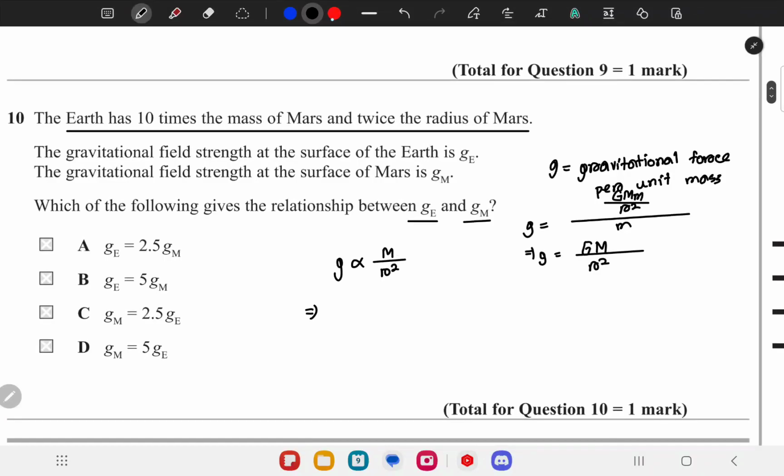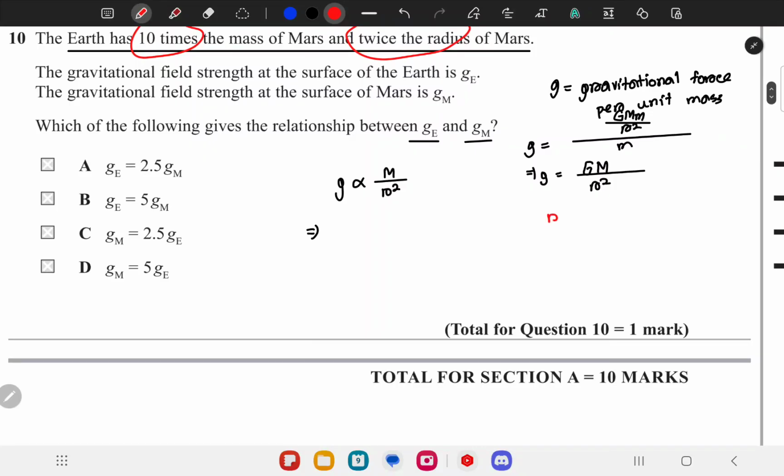Now we are told that Earth has 10 times the mass of Mars and twice the radius. So the radius of Earth is twice the radius of Mars. The mass of Earth is 10 times the mass of Mars.